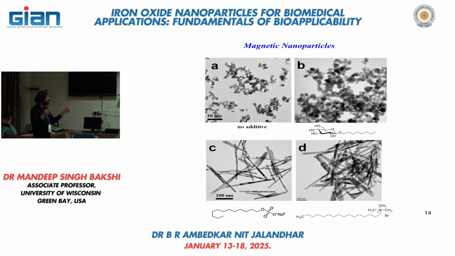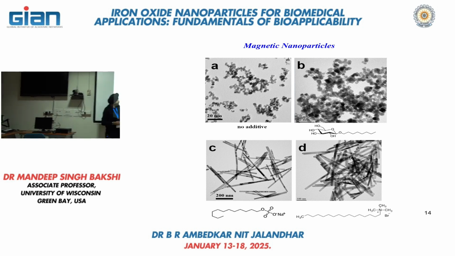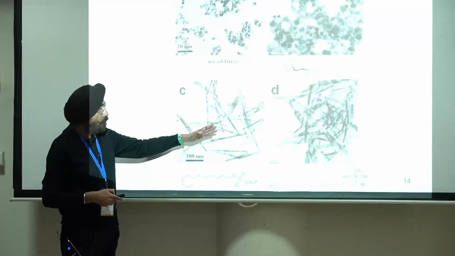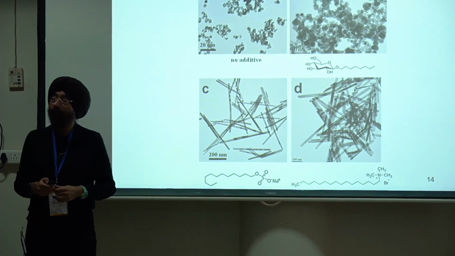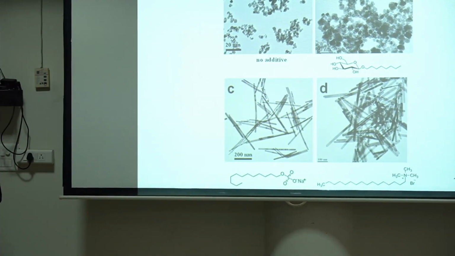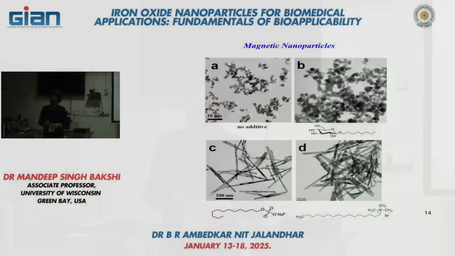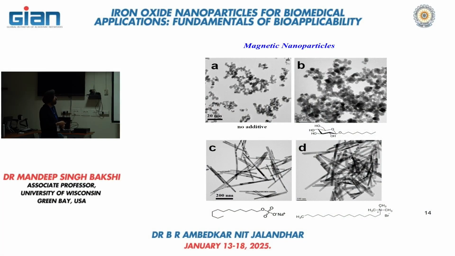They could be in cubic shape or other geometries. Rarely they are in rod shape. So they are rods of iron oxide. You can synthesize rods as well if you want, but most of the applications of iron oxide nanoparticles are performed with roughly spherical particles like this.